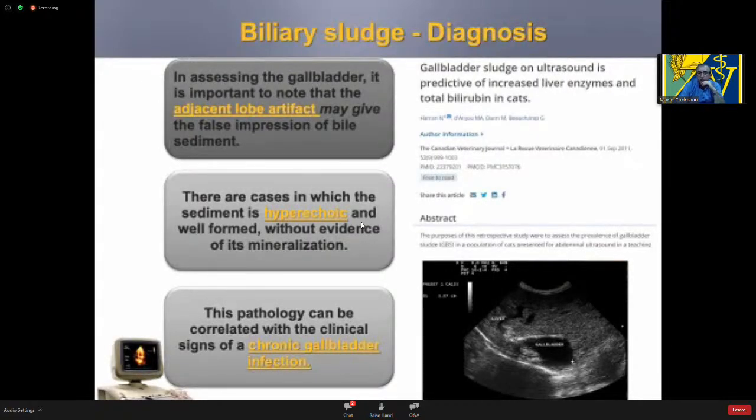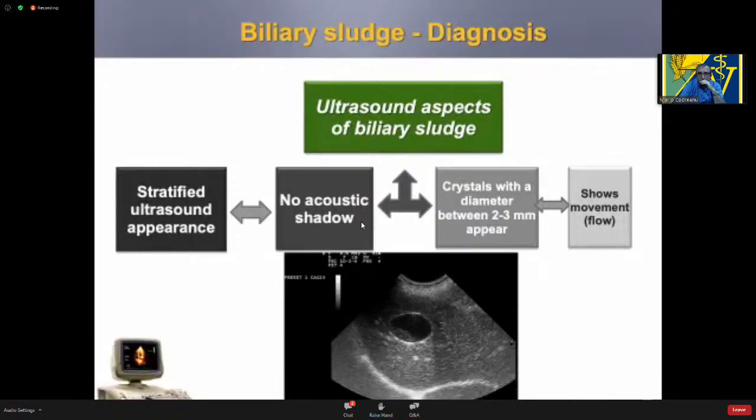But there are also cases in which the sediment appears hyperechoic and well-formed without evidence of mineralization. This is normal, and this type of situation is very often registered in ultrasonography. But this pathology is important to notice and to correlate with the clinical expression, with the clinical signs of chronic gallbladder infection, for example.